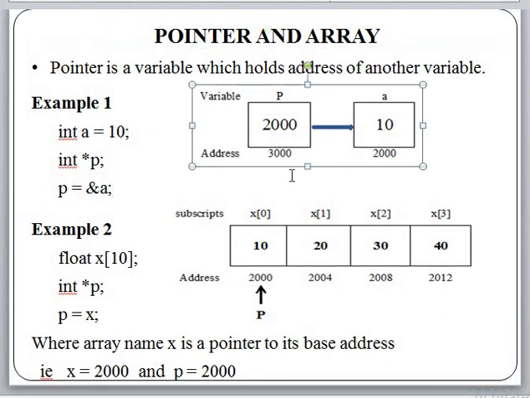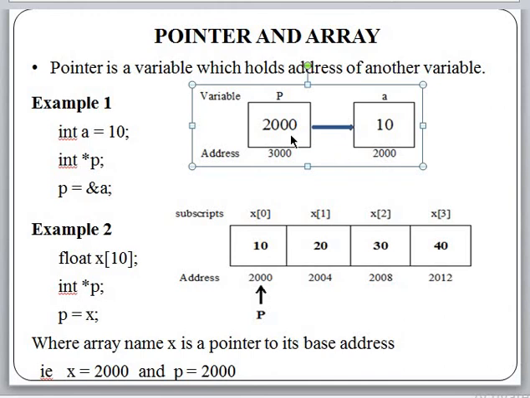Now it is represented diagrammatically in this fashion. p is a variable, a is a variable. a is an ordinary variable to hold the value 10, and I assumed in this case the address is 2000. p is declared as an integer pointer, and it points to the address of a. So the address of a is 2000.